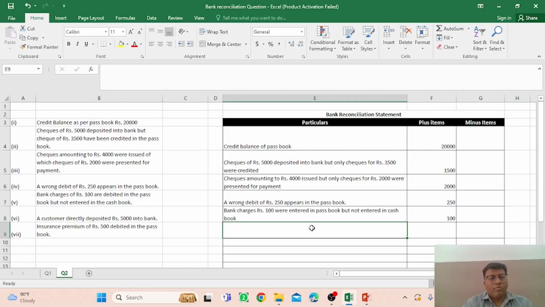So we have to write an amount directly deposited by customer into bank.